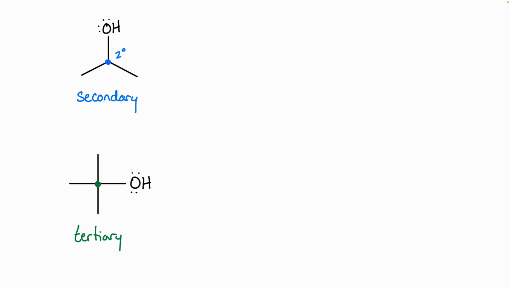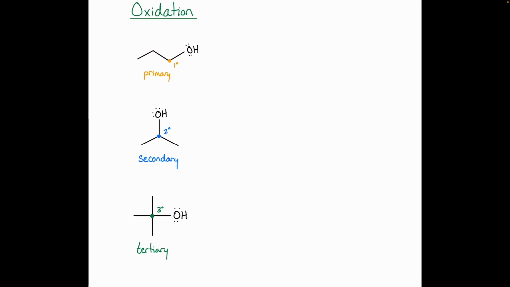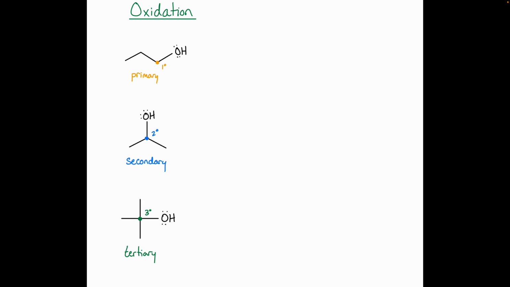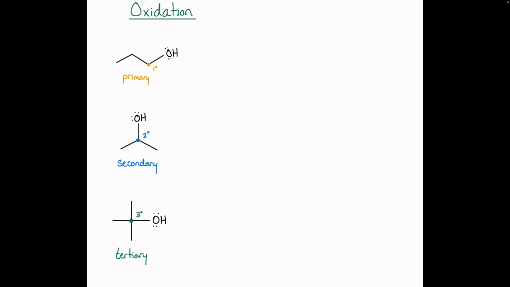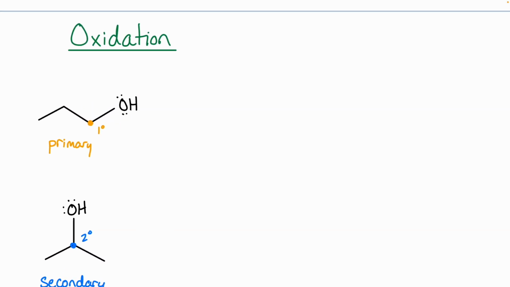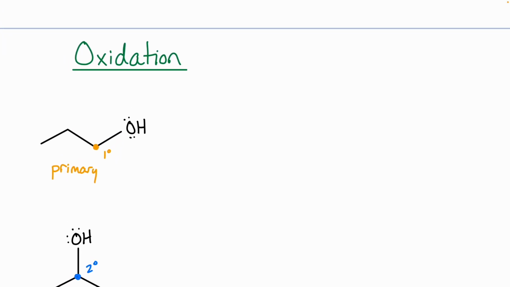So our tertiary alcohol is when our hydroxyl group is on a tertiary carbon. Okay, cool. So we have this classification system because we're going to see that primary alcohols oxidize differently than secondary alcohols, differently than tertiary, right? So step one, when we're thinking about oxidation reactions, is to think about the classification of these different alcohols. All right? So let's focus on primary alcohols first.